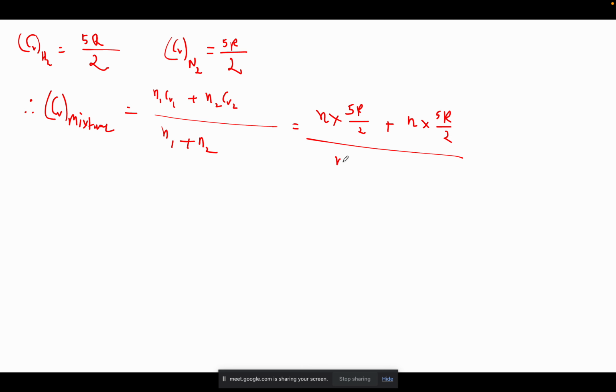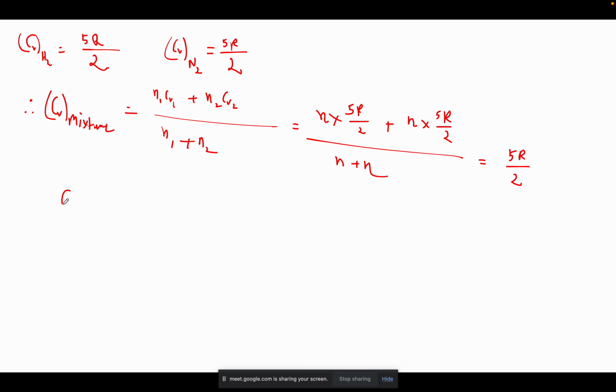So from here we will get this as 5R by 2. Now this is CV. Then the mixture of two ideal gases, they are non-interactive mostly if you are considering this as ideal gas, so it again remains the ideal gas.